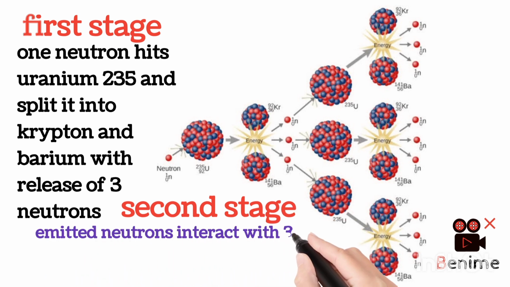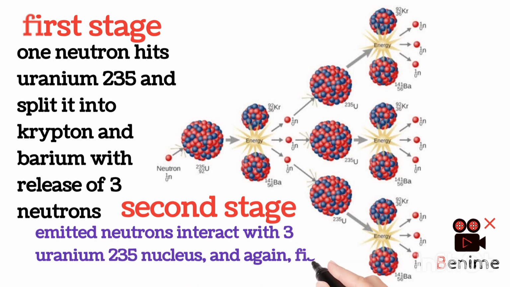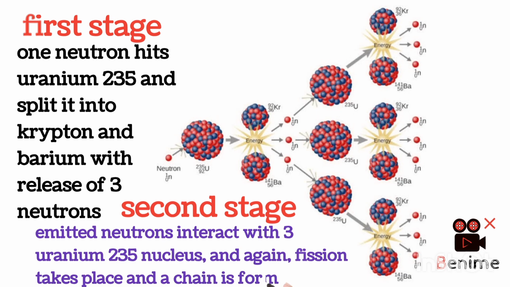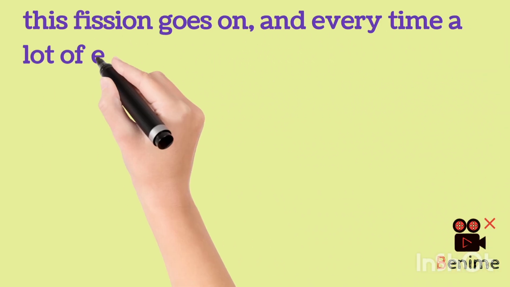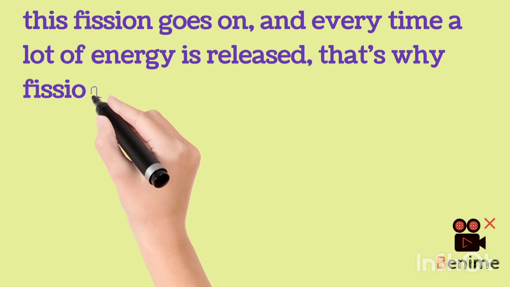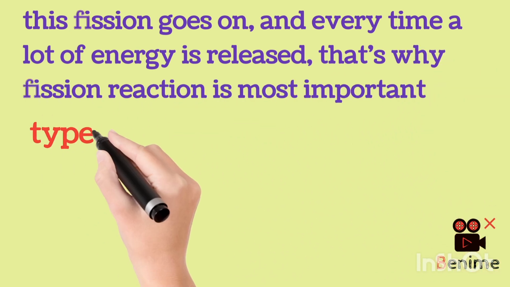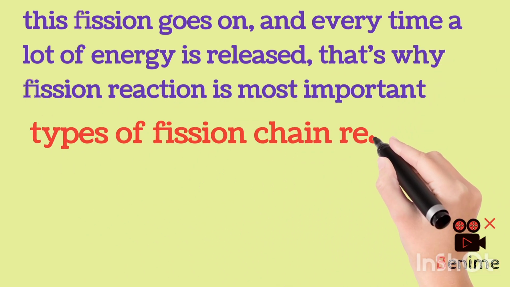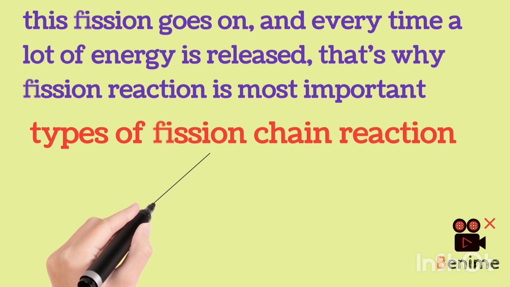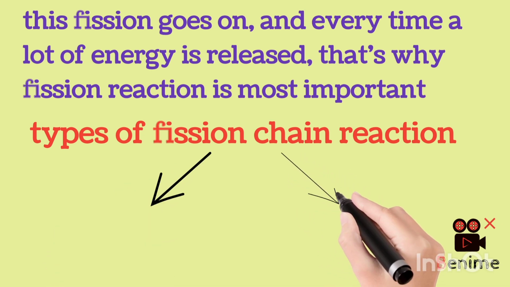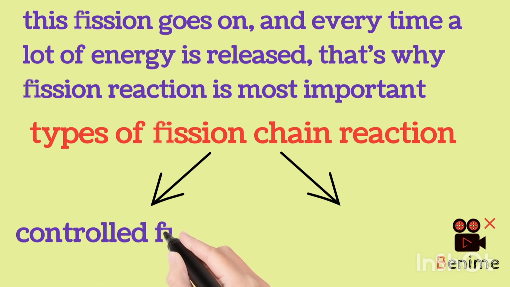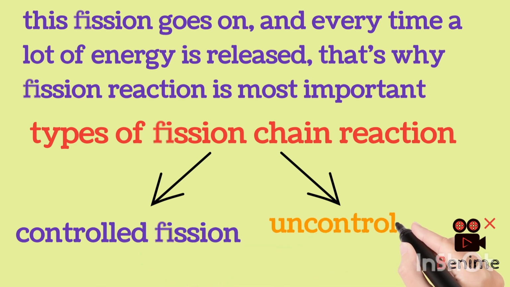Due to this, the amount of energy released is so high that if not controlled or handled, it causes huge destruction. If this type of reaction is initiated without any precaution, then it is impossible to stop it once it initiates. Based on this, there are 2 types of fission chain reaction, one is controlled and the second is uncontrolled.